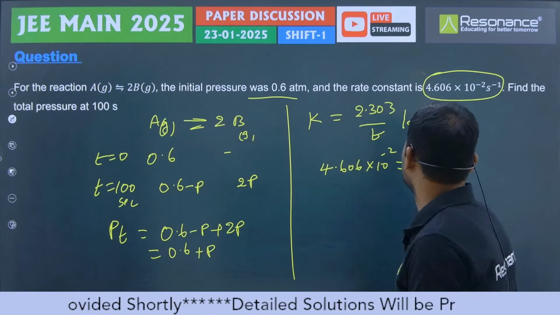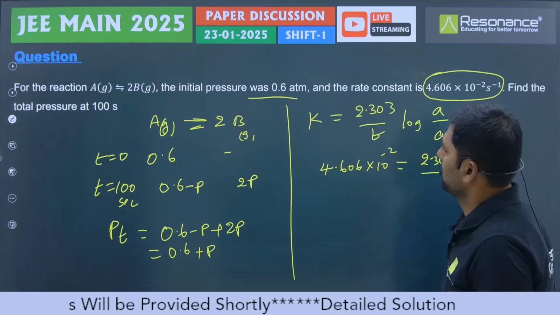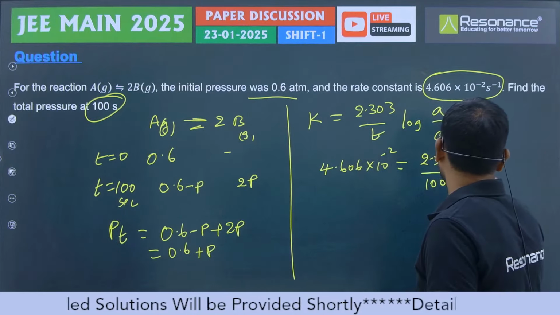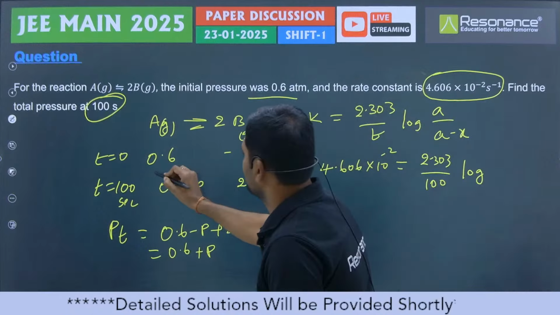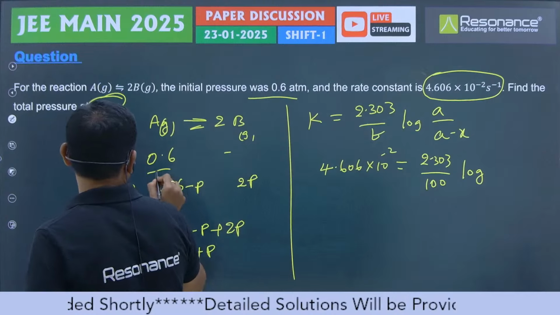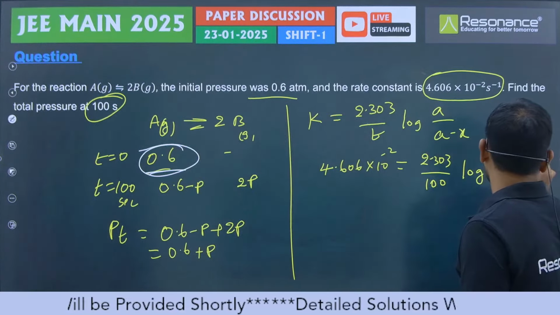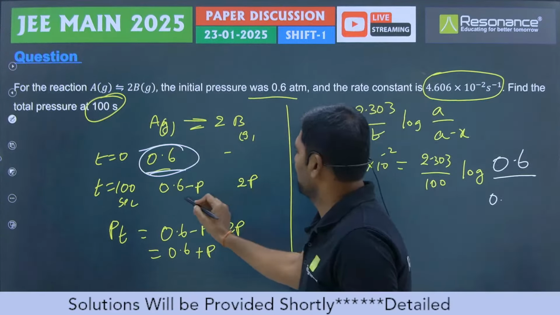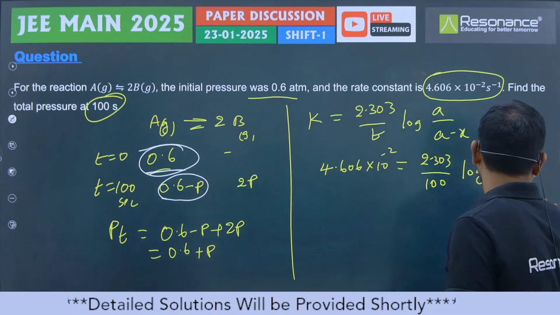Then 2.303 by t, where t is given as 100 seconds, log of initial pressure 0.6 by what remains after time t, 0.6 minus p.